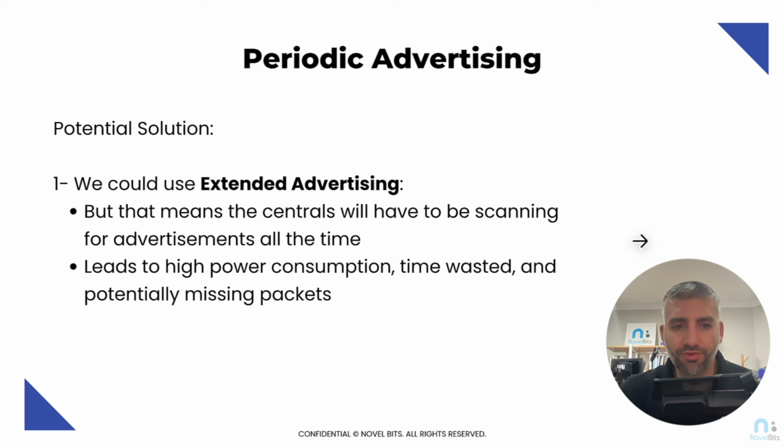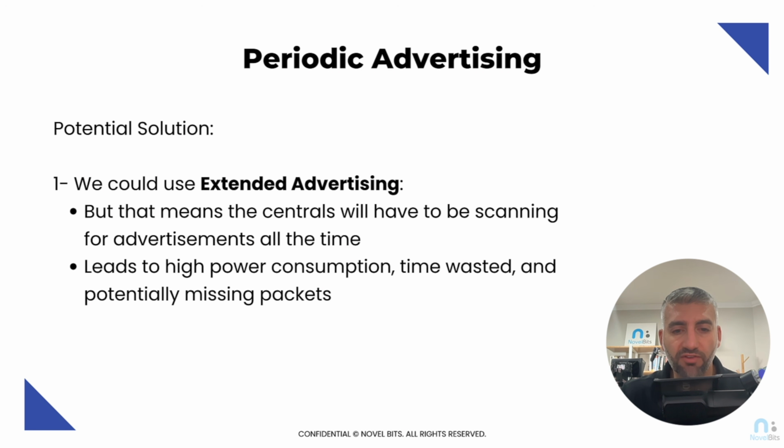And we could choose to use extended advertising. But that does mean that the central, if you recall, would have to be scanning for the advertising data or the advertising packets, especially the primary ones, all the time, because it can't find the next advertising event's auxiliary packet unless it goes and scans for the primary.